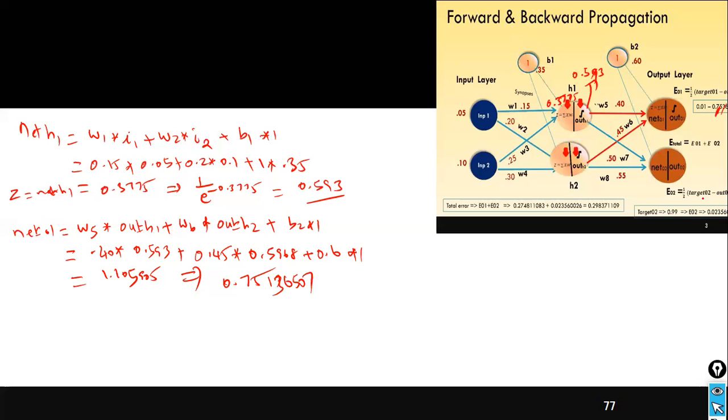Similarly, we need to compute it for out O2. You need to take the product of this weight with this value and the product of this value with this one, and then for that value you need to apply the activation function. You will get a value for your out O2, and then that value goes into this one and this one.